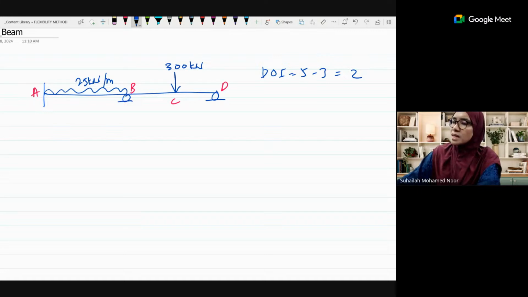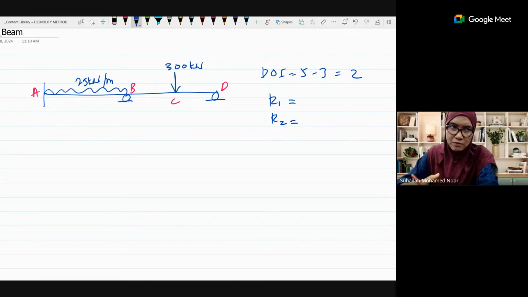Okay, so there are two here. So we will have R1 and R2. Just now we used the cantilever beam for the derivation, but now we do not necessarily follow that one. Okay, let's say we choose to remove one from A. So MA is the first redundant.